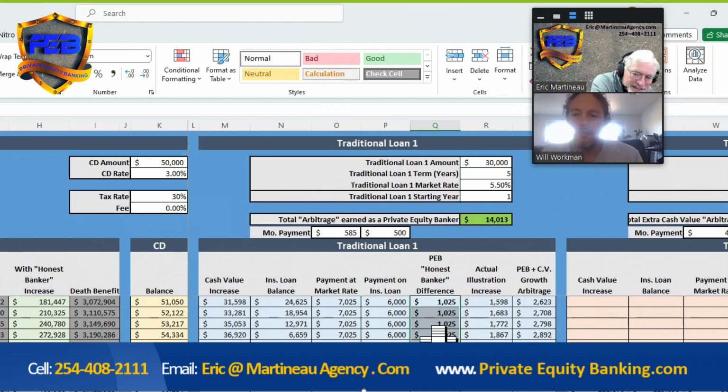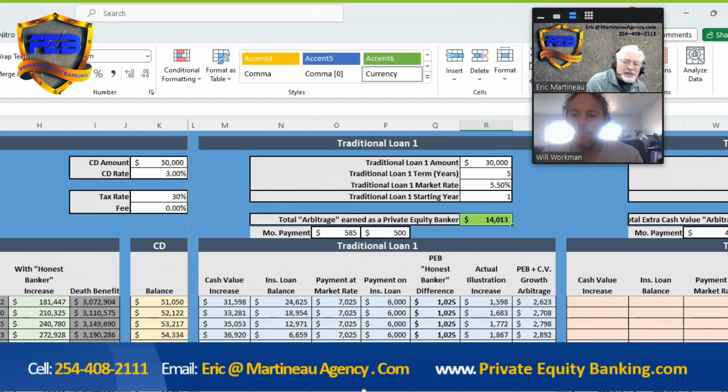That's how much it's costing me to lend out money to my children. And then the actual increase in my policy over here. So that gives me a total net private equity banking plus cash value growth in arbitrage of 2,623. And if they were to pay it back over 5 years, I'd have made 14 grand extra.